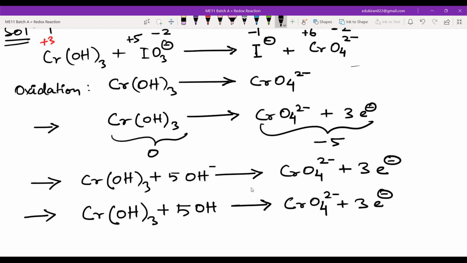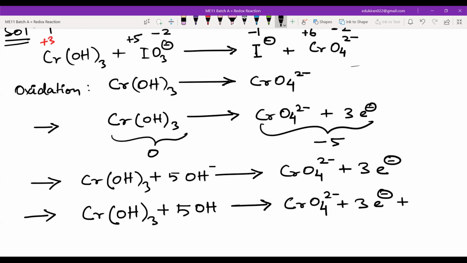Here we have 8, correct? And here we have 4, no? So if I add 4 water molecules, then oxygens are balanced, yes or no? Oxygens are balanced, but what about hydrogen?